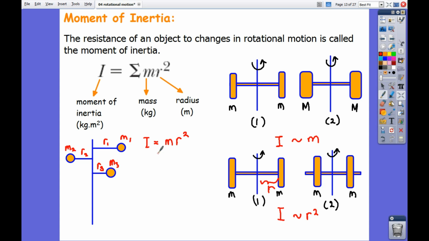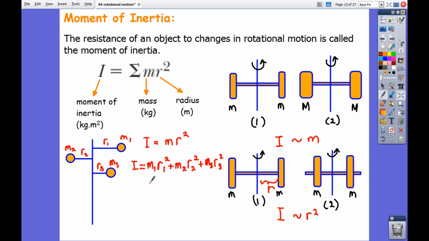So if we want to write it down, I equals m1 r1 squared added by m2 r2 squared added by m3 r3 squared.